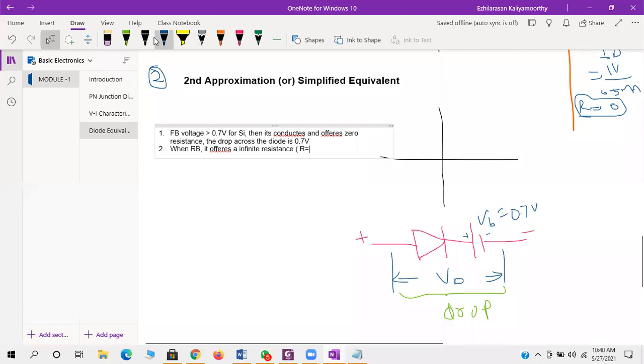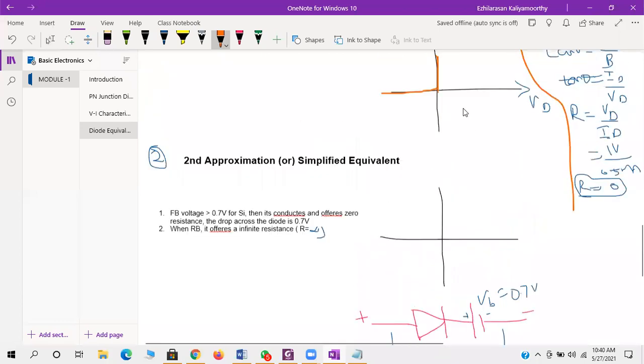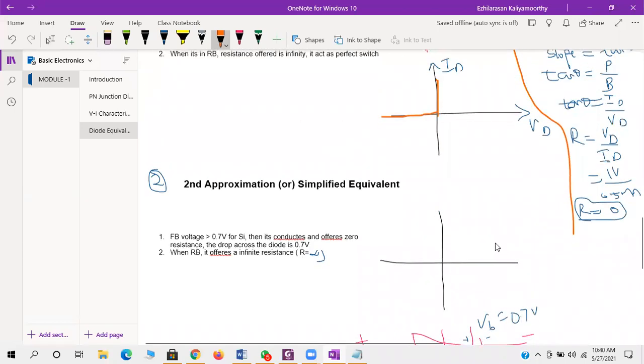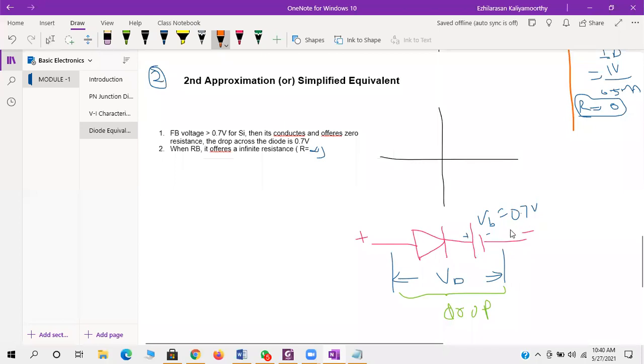This we already know, previously written, right? In reverse bias, R is equal to infinity. So now let us draw the diagram. We added a VB. Initially it was VD equal to 0. Now VB also added, which means your diode will start to conduct after VB is equal to 0.7.